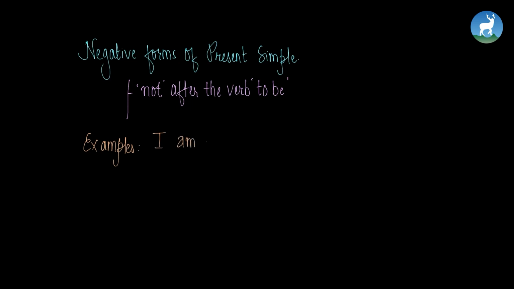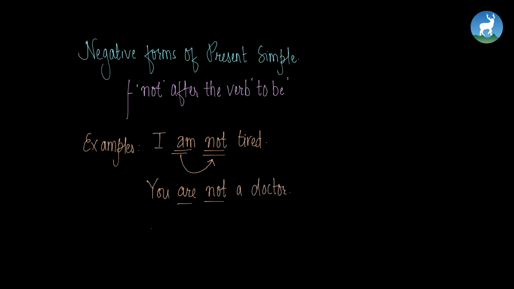I am not tired. So we used not after am to turn this sentence into a negative. Likewise, let's see some more examples. You are not a doctor. Not after are. She is not happy.